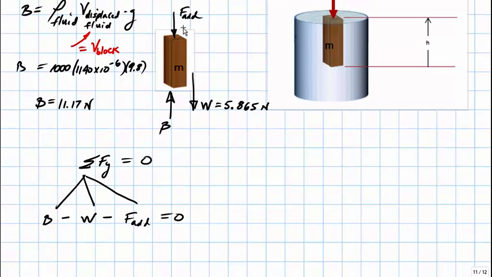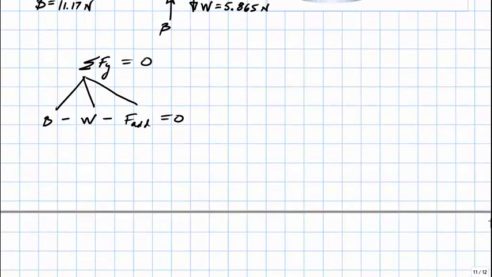Notice that the additional force is acting downward, and so is the weight, which is why we entered them as negative values. The buoyant force has a value of 11.17. The weight equals 5.865. The additional force is unknown, but not for long.